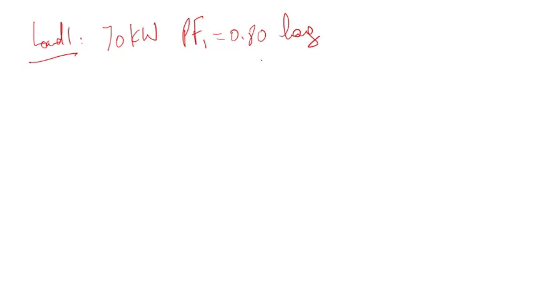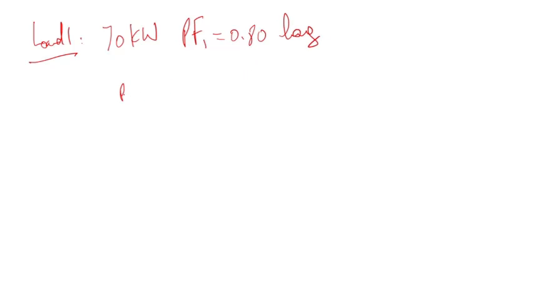So load 1, if we go back to the problem statement, draws 70 kilowatt with a power factor, I call it power factor 1, equal to 80% or 0.80 lagging.